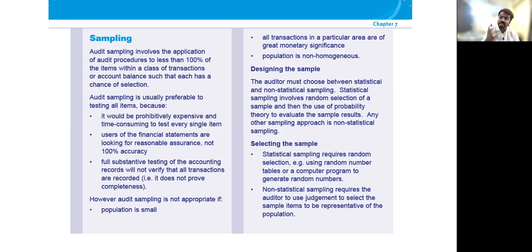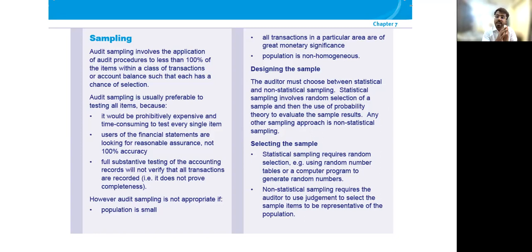Does every transaction have a chance of selection? I am saying I'm going to check only the top 50 transactions as per the value. Whatever transactions have the highest values, only those I'm going to check. Then is that called sampling? No, that is not called sampling.